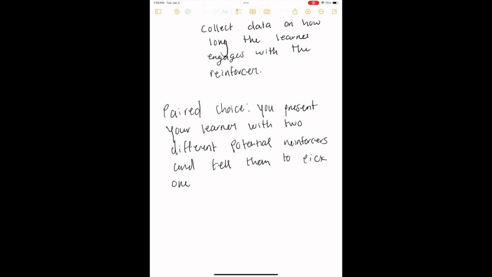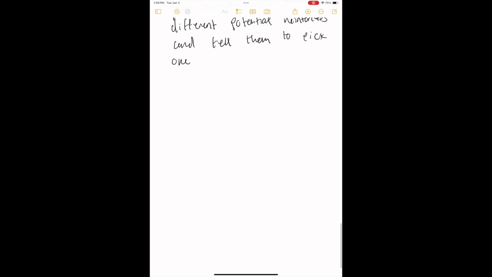And again, you have to have discernment when you're doing preference assessments. There are some learners where you're going to present two things in front of them and they might just grab both. They don't know how to make a choice. So you wouldn't do this assessment. So again, have discernment, make sure you're choosing the right preference assessment.